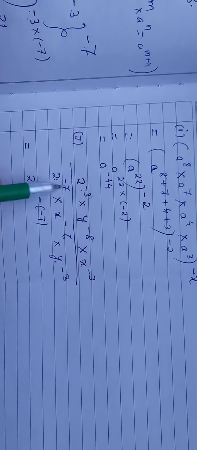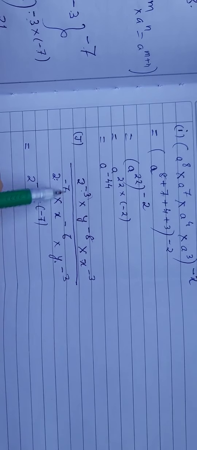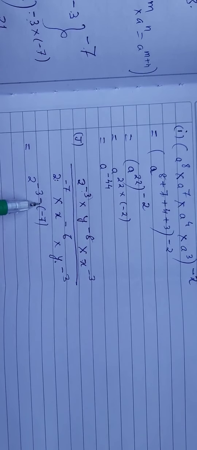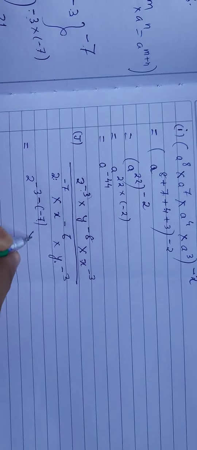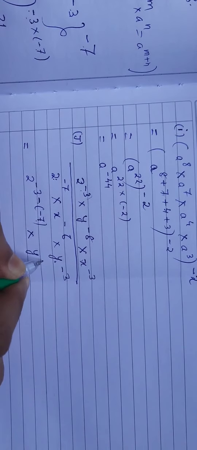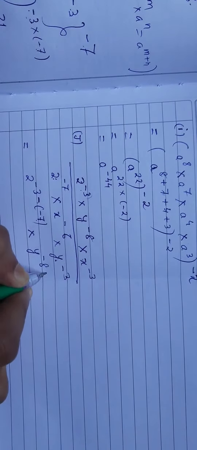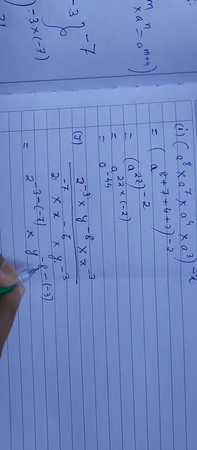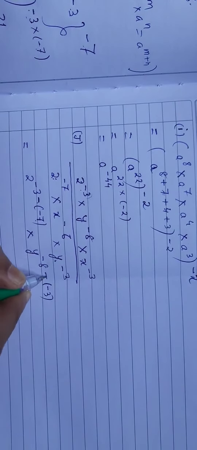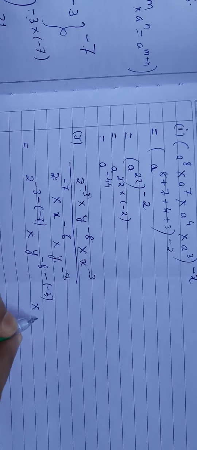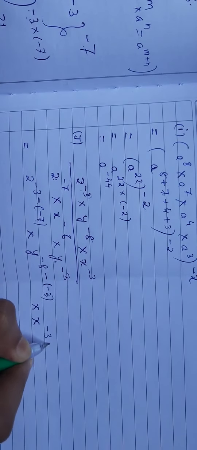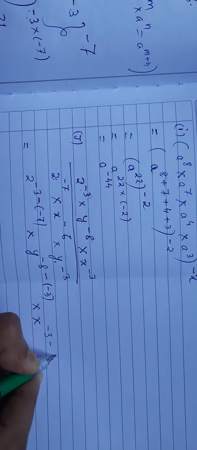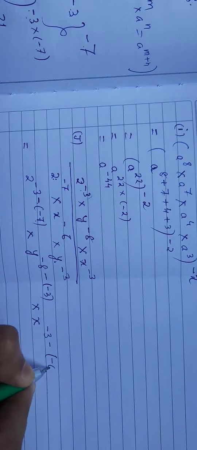That is a to the power m divided by a to the power n equal to a to the power m minus n. Similarly, y to the power minus 8 minus of minus 3, and x to the power minus 3 minus minus 6.